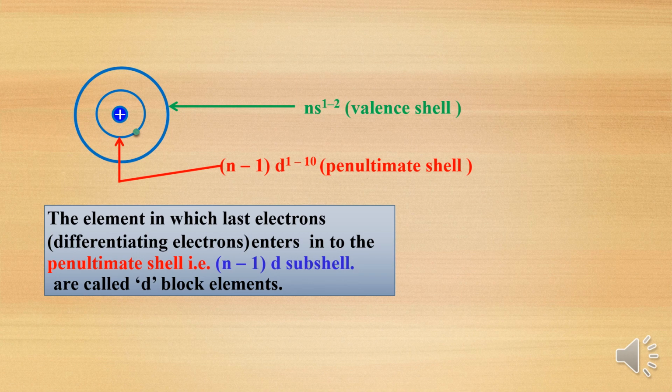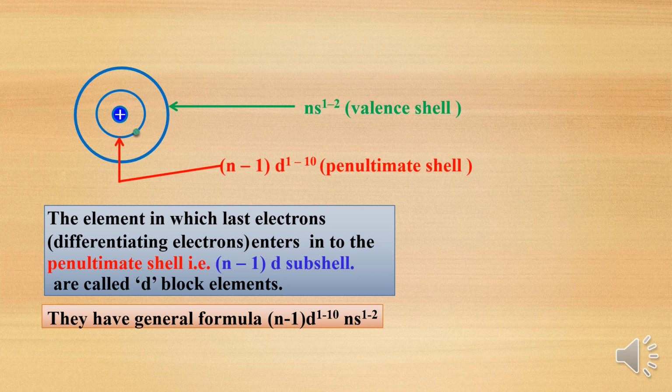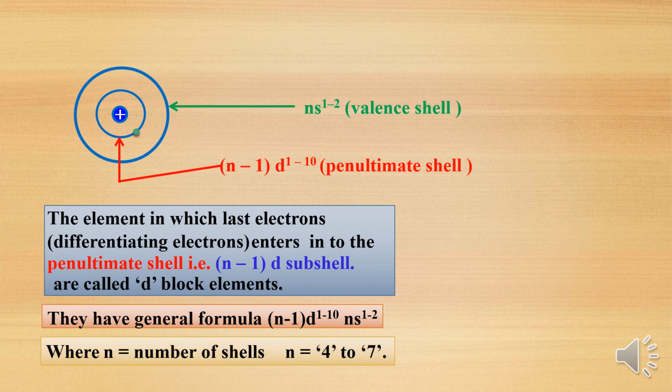So if it enters the penultimate shell, it is called the (n-1)d subshell, that is nothing but d block elements. They have the general electronic configuration (n-1)d1 to 10 ns1 to 2, where n is the number of shells, that is 4 to 7, or you can consider the number of periods in the periodic table.